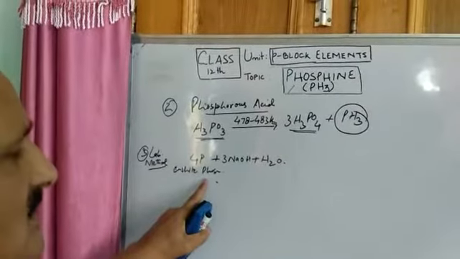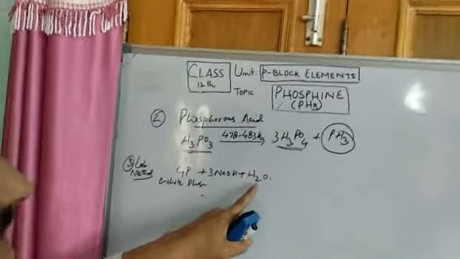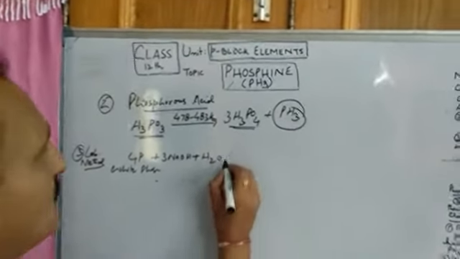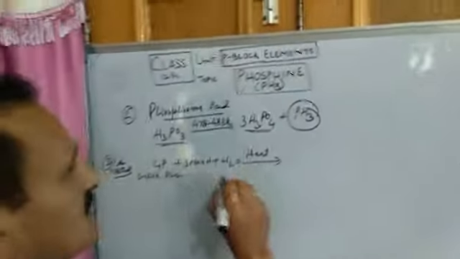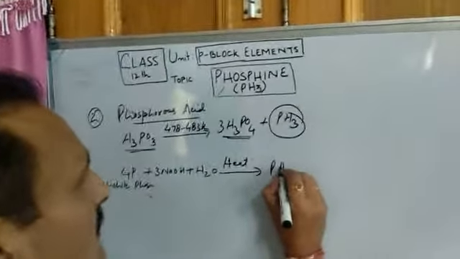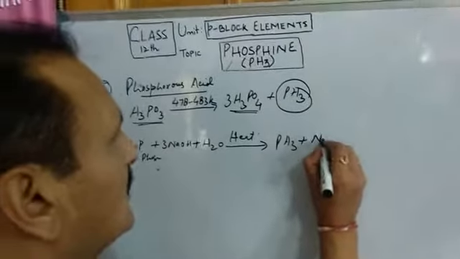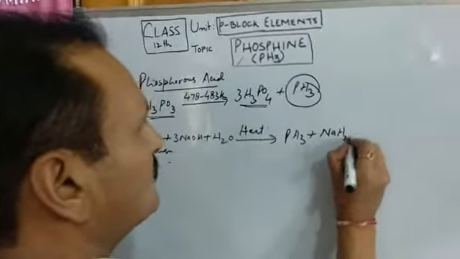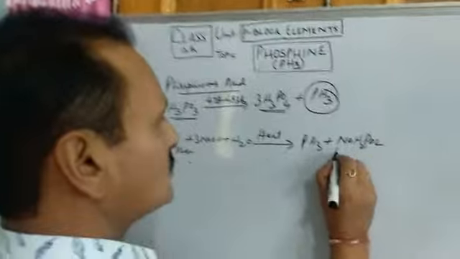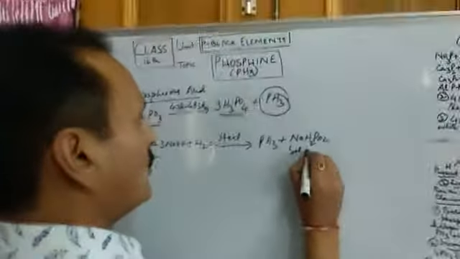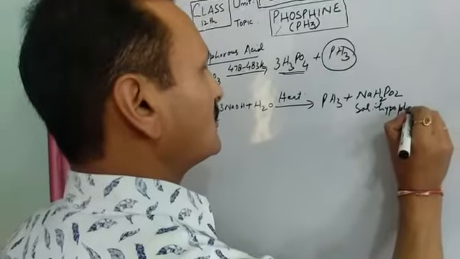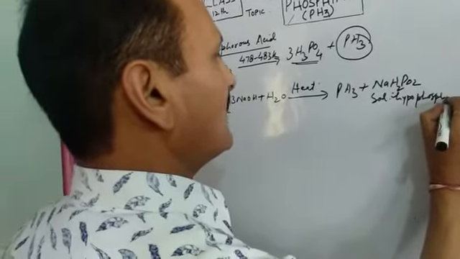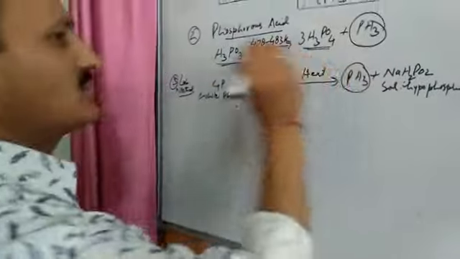In this method, we take white phosphorus, then we pour sodium hydroxide and water on it and heat the mixture, and as a result we get phosphine along with NaH2PO2, that is sodium hypophosphite. So this is another method for the preparation of phosphine.